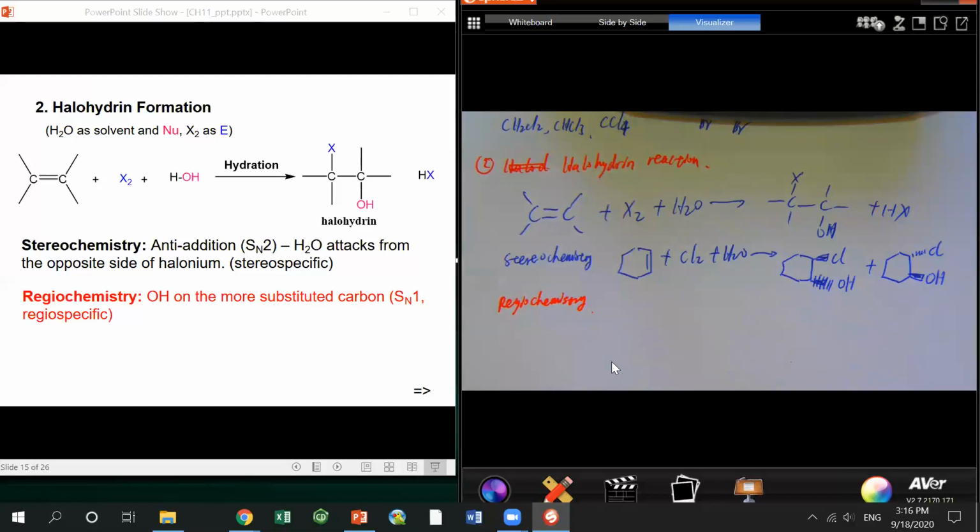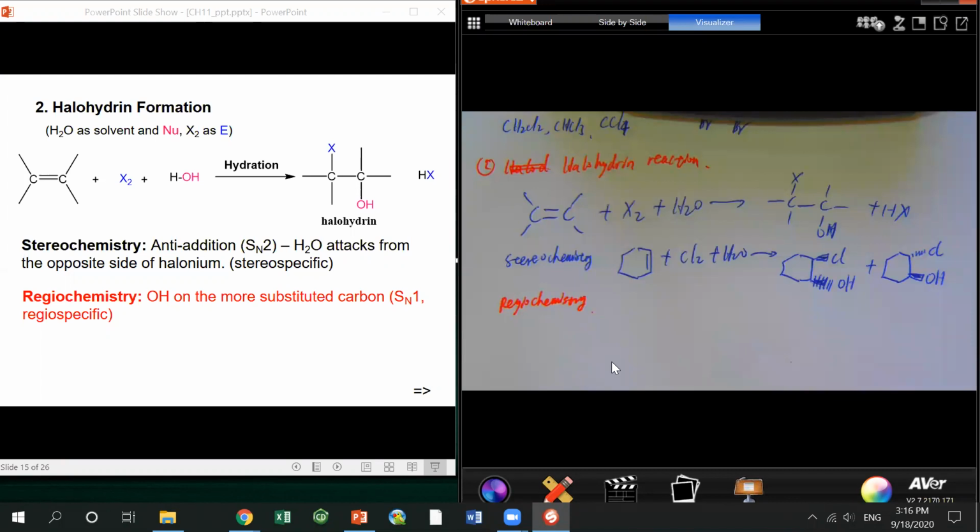You can do a 1-to-1 ratio of your bromine to alkene. Normally for this reaction, remember this week's lab, we did the alpha-methylstyrene addition with NBS. I emphasized many times that you have to make sure of a 1-to-1 ratio of the alpha-methylstyrene and the NBS, and the water comes from aqueous acetone for this week's lab.